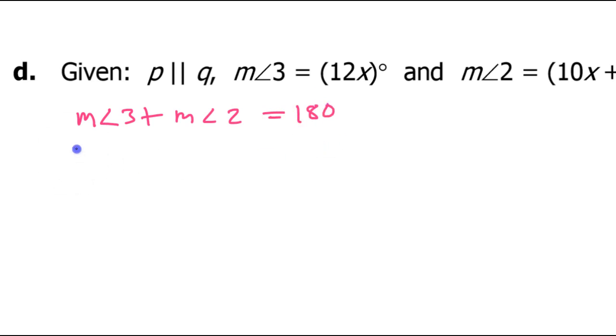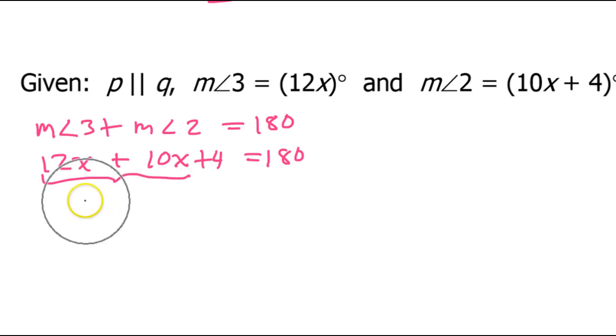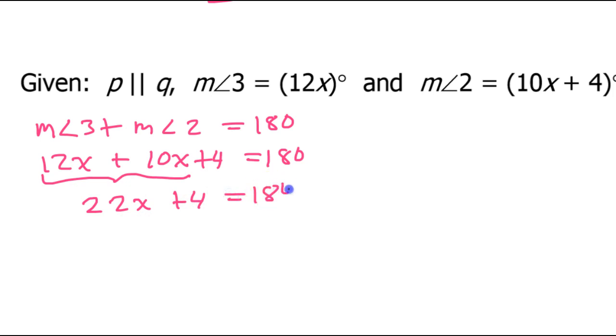So that means 12x plus 10x plus 4 should equal 180. Combining like terms, that's going to give me 22x plus 4 is equal to 180.